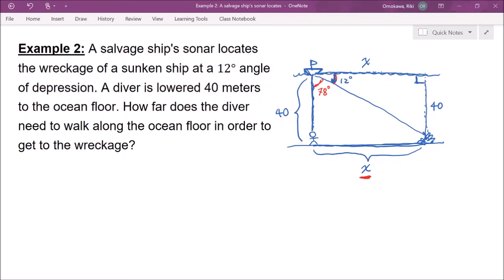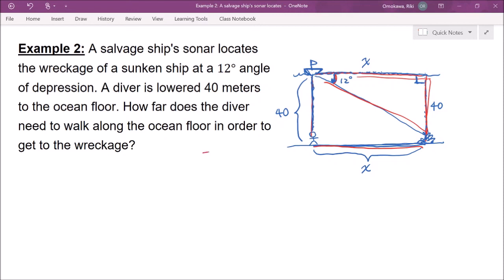So I don't know which one makes the most sense. I think I'll just go with the first triangle that we had. And we'll say, okay, if this is 40, then this over here is 40. If this is x, then this is x as well. And now we can use this triangle to calculate x.